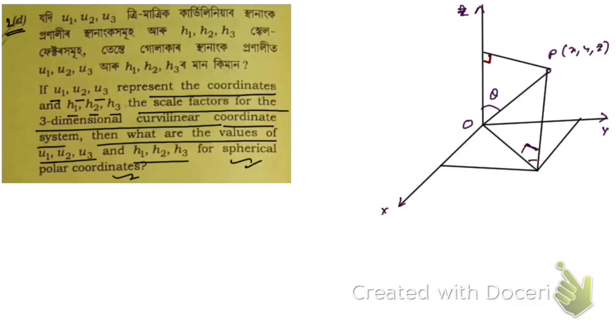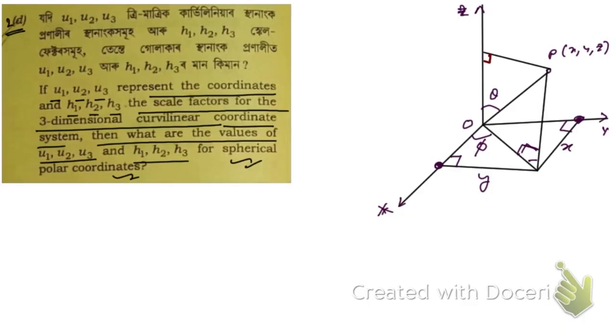These two are also perpendiculars on the x and y axis. This angle is suppose phi. If this is the x, y, z coordinate, then this length is x, this length is also x, and this length is y, and this length is also y.